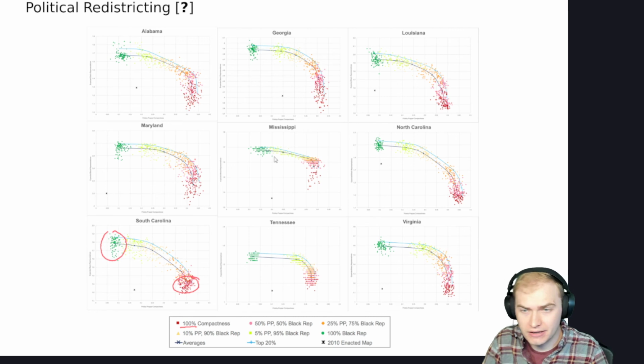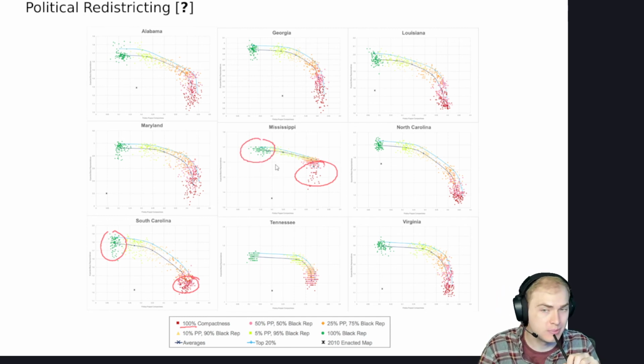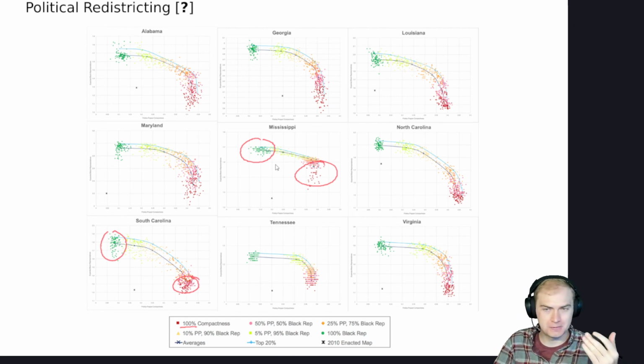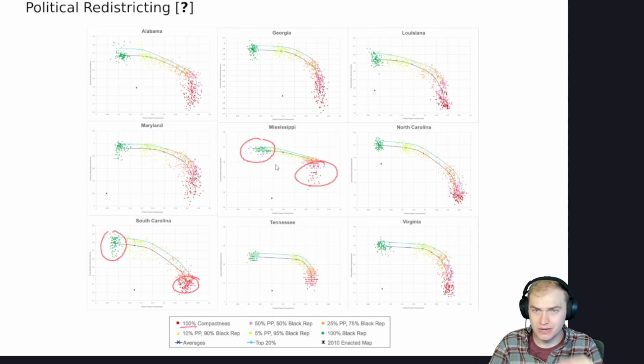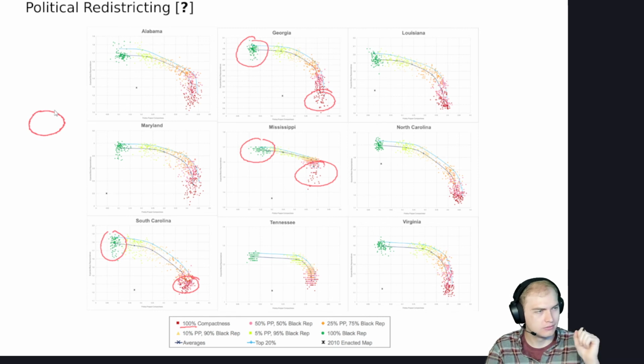So here we see that in Mississippi, we can have a high expected number of black representatives that doesn't lose very much compactness. Whereas in somewhere like Georgia, compactness is just a measure of how circular the district looks. So if the district looks like a circle, it's a 1.